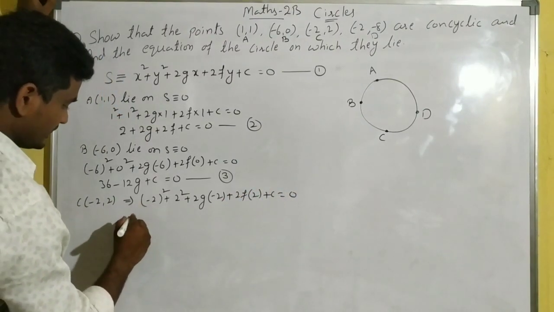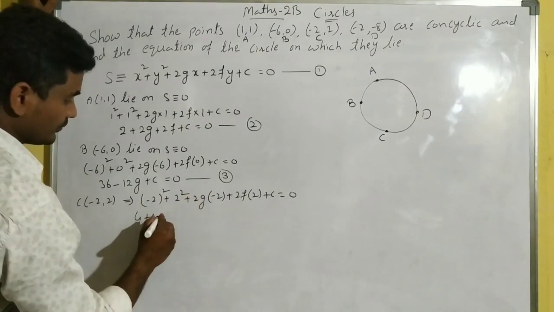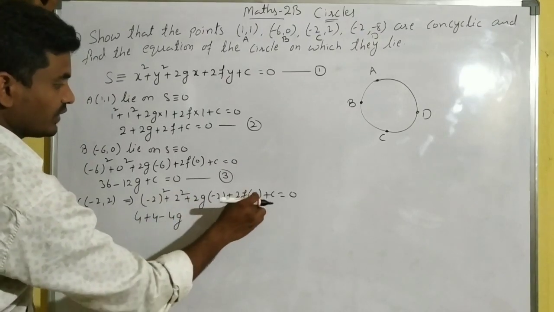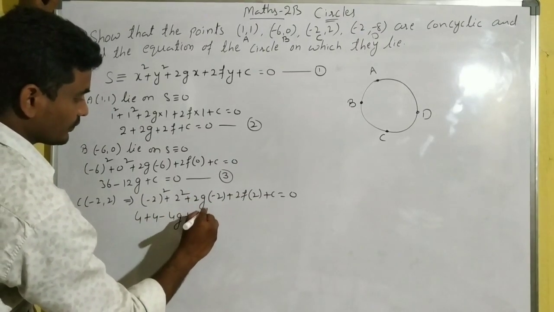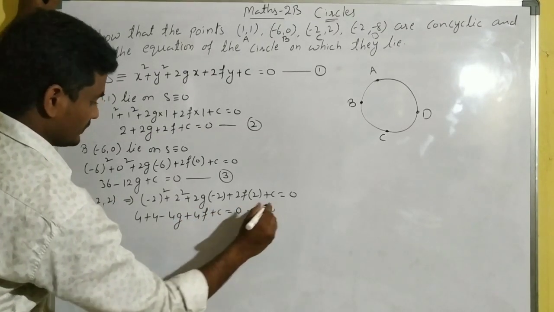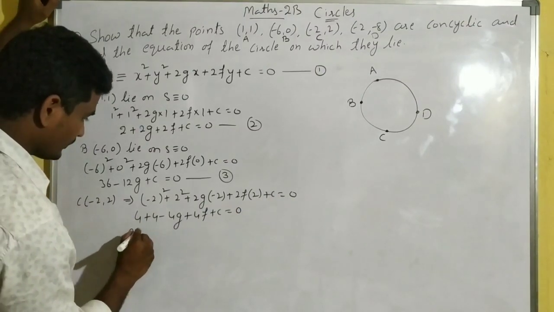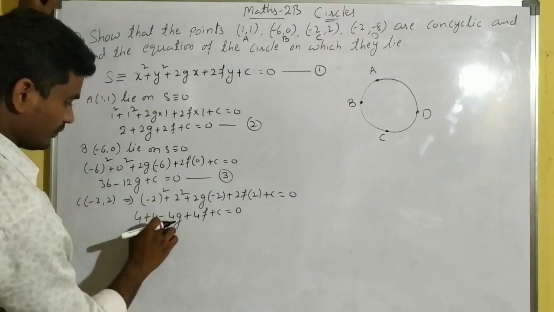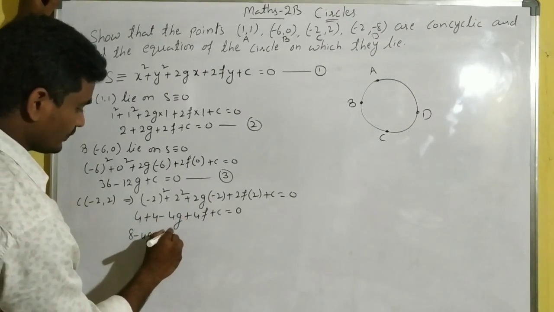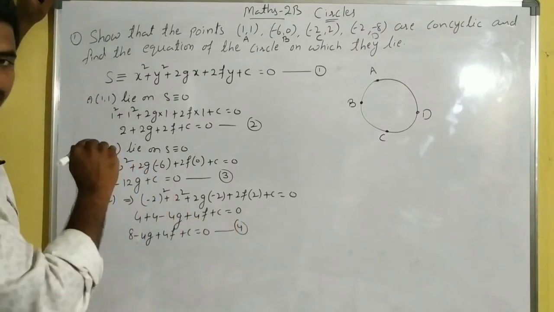We get 4 plus 4, which is 8, then 2 times 2 minus is minus 4g, plus 4f plus c equals 0. This is equation number 4.